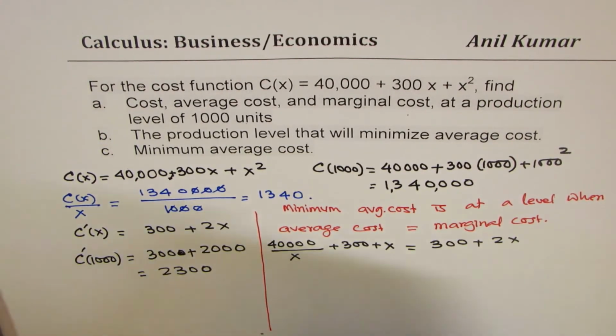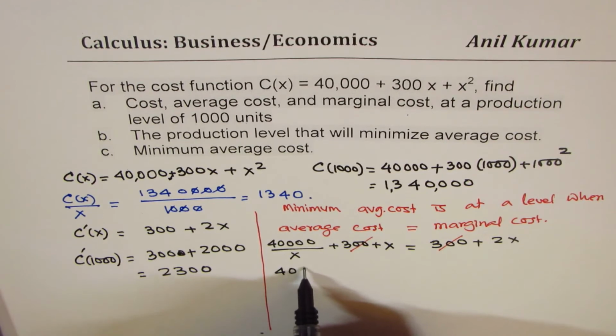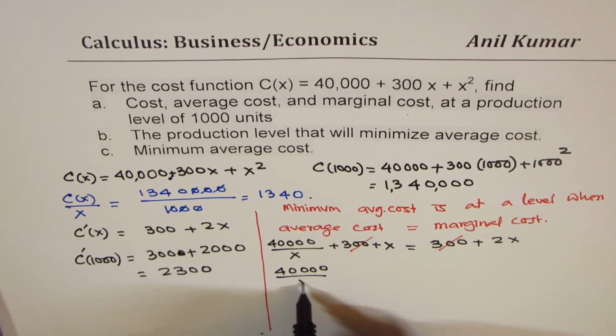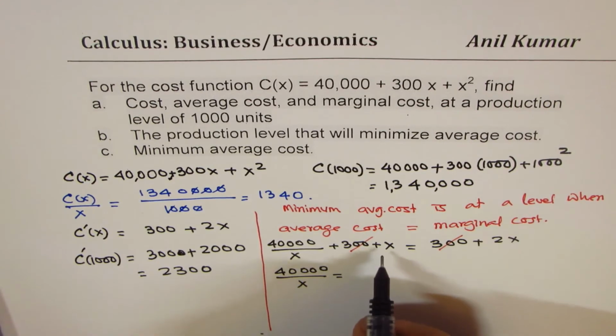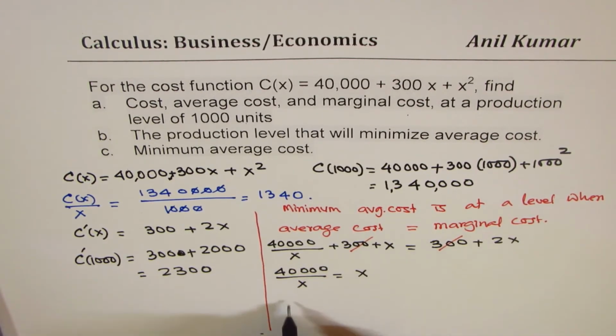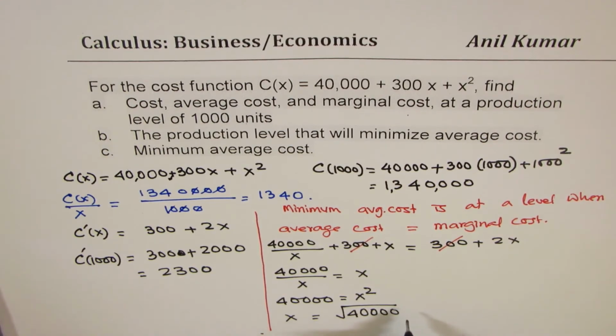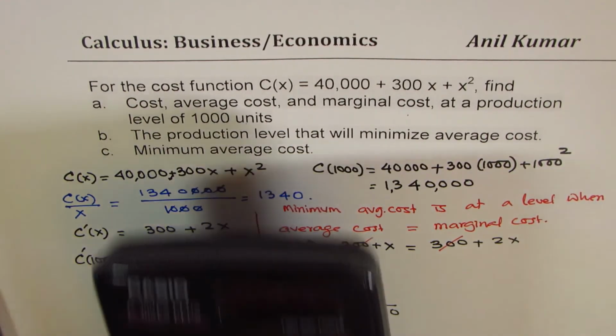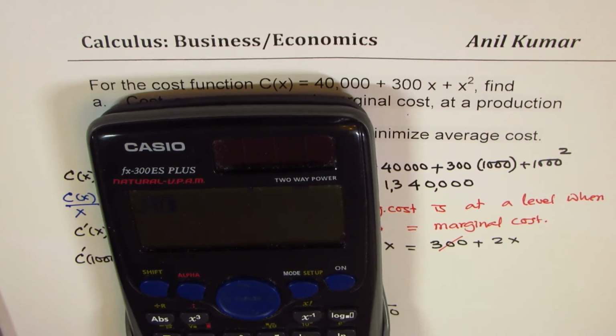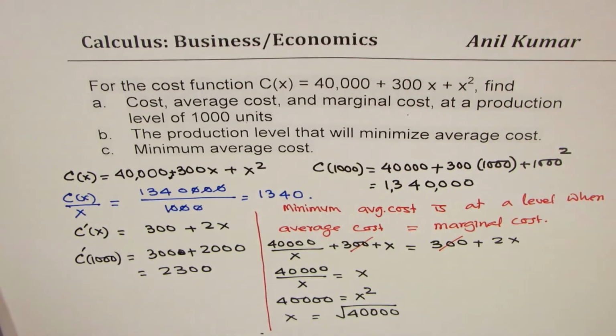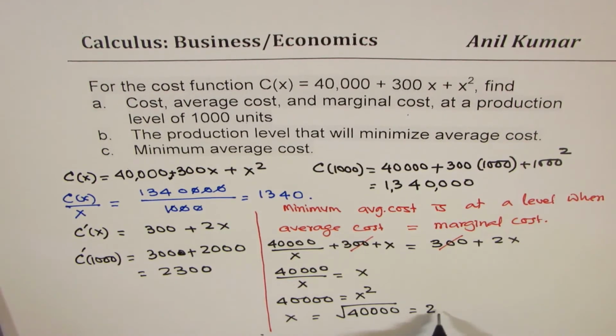So from here, 300 cancels. We have 40,000 over x is equal to, x goes to that side, so we get 2x minus x, which is x. Or we get 40,000 equals x squared. So x is equal to the square root of 40,000, which is 200.